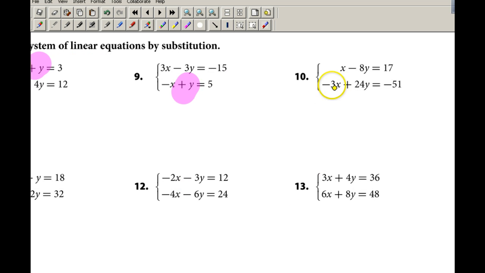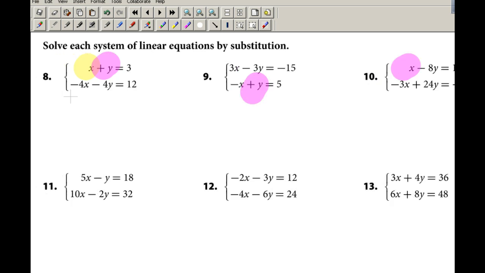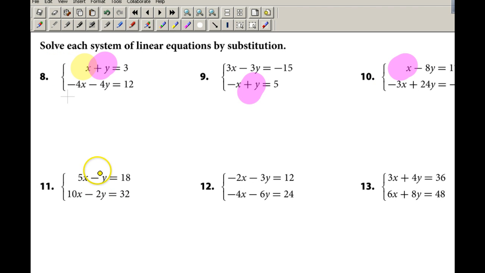Number 10, top for x, right? One step away, just add 8y to both sides. You have x equals 17 plus 8y, ready to go. Number 11, yeah, probably top for y.